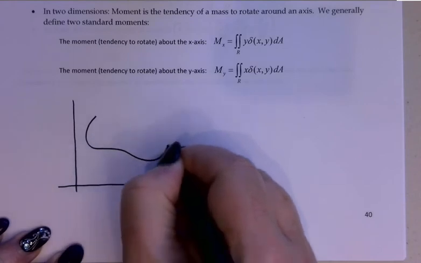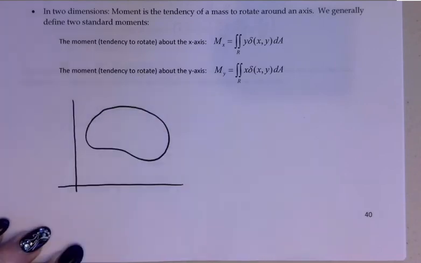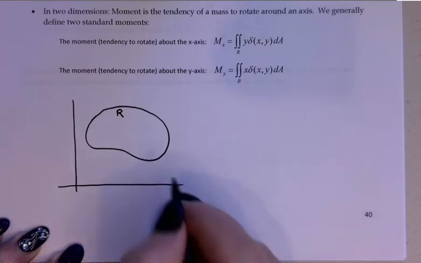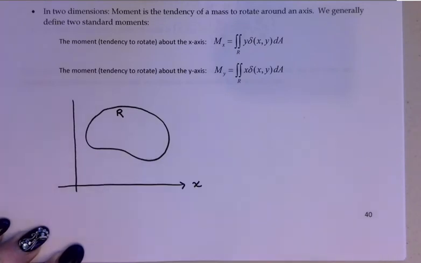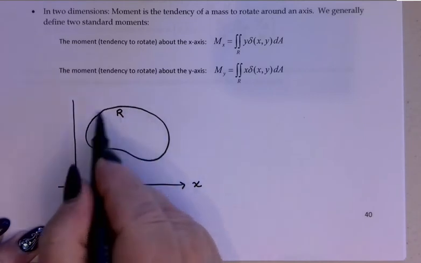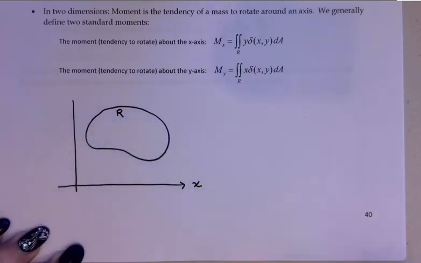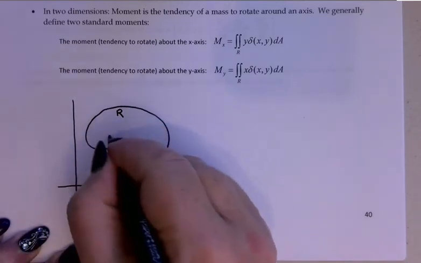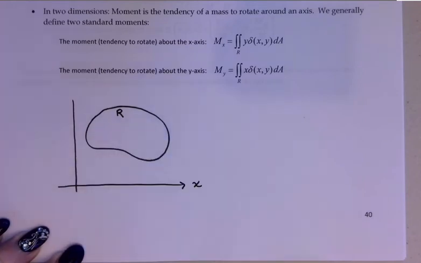If I have this 2-dimensional region, this is my region R, my thin lamina, and let's suppose that I'm wanting to talk about the moment with respect to the x-axis. If the density here is variable, and certainly the distance of various points from that x-axis varies as well, I can't do this all as one simple algebraic calculation.